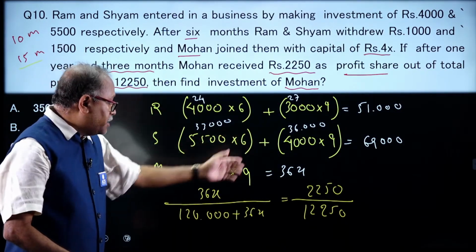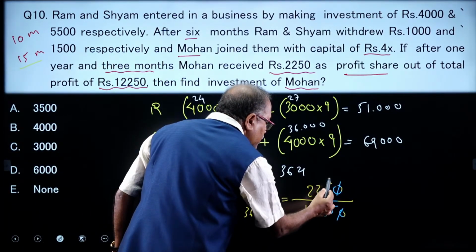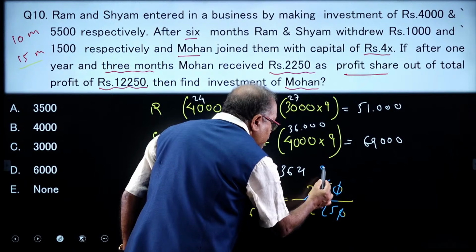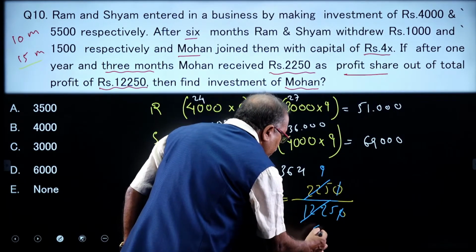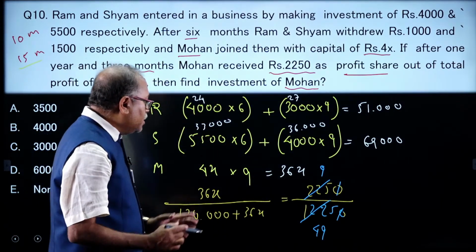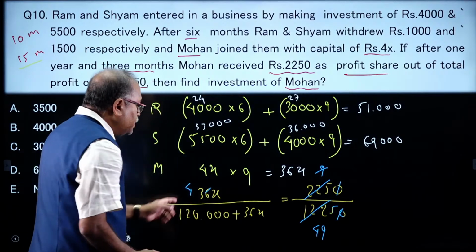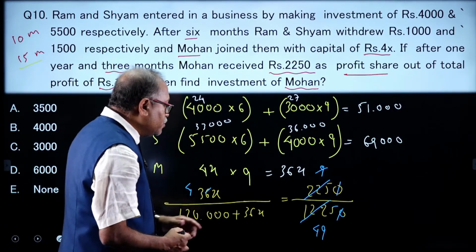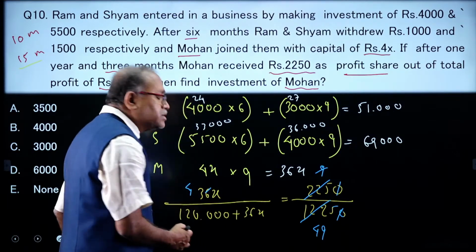Let's cancel that part first. I notice that 0, 0 gets cancelled with 25, 9 times it gets cancelled, and with 25 this gets cancelled 49 times. And finally with 9 you notice that it is getting cancelled 4 times. That is 4x. So now go for the cross multiplication. 49 into 4, that comes 196x.